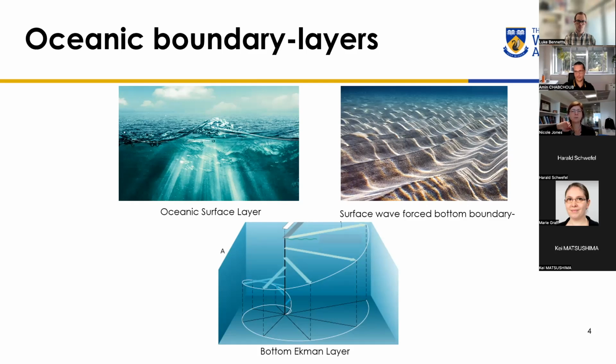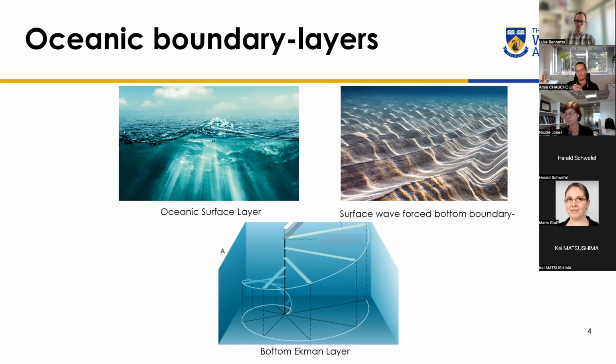And we can have boundary layers that are quite small, that are forced by surface waves. We can have boundary layers that are forced by tidal type oscillatory forcing, and then all the way up to boundary layers that are forced by balances with the Coriolis force.